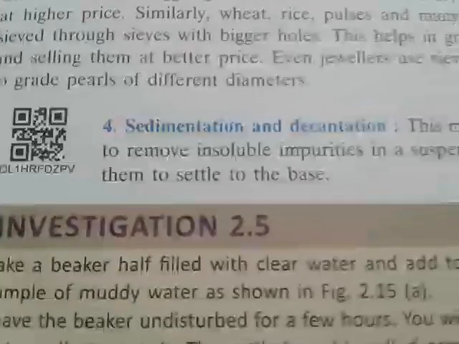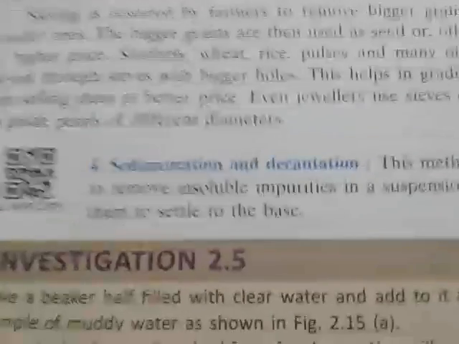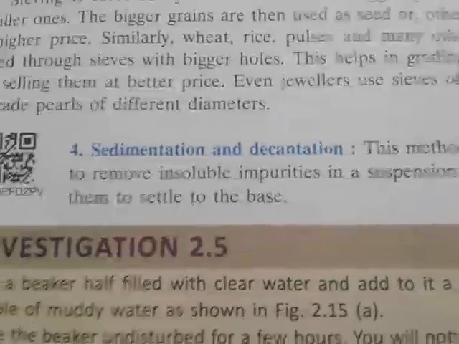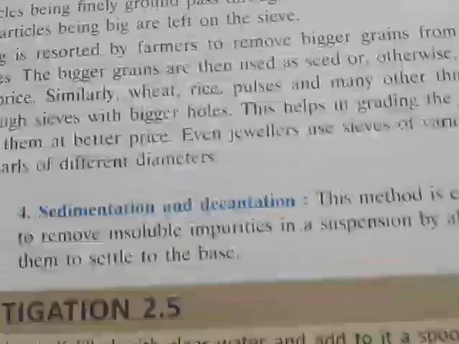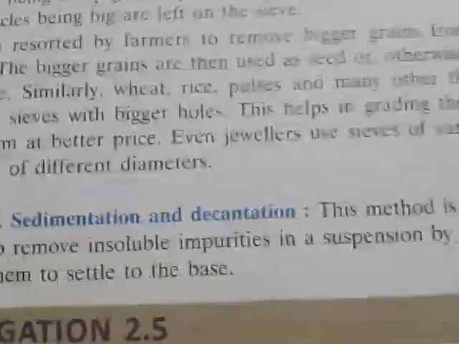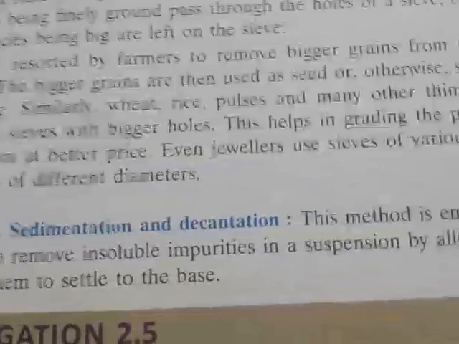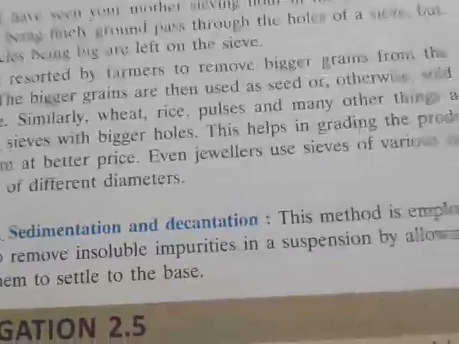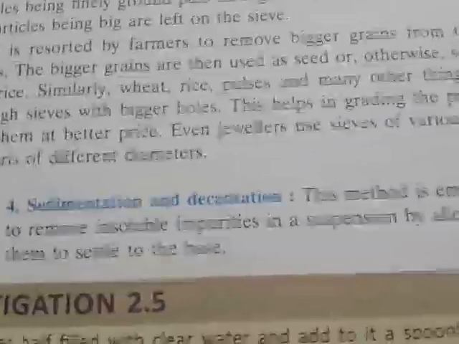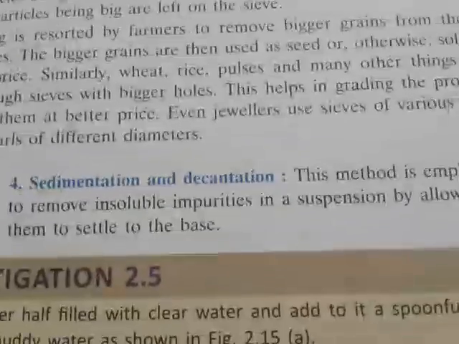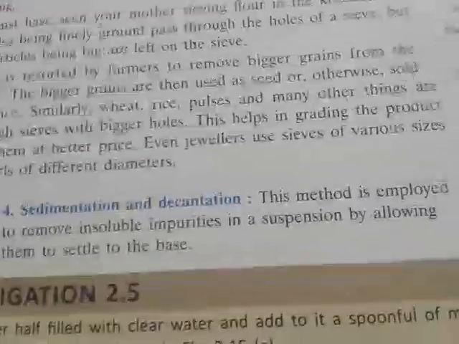Fourth is sedimentation and decantation. These two processes are correlated with each other. This method is employed to remove insoluble impurities in a suspension by allowing them to settle to the base. Suppose you have a container containing some mud or sand in water.